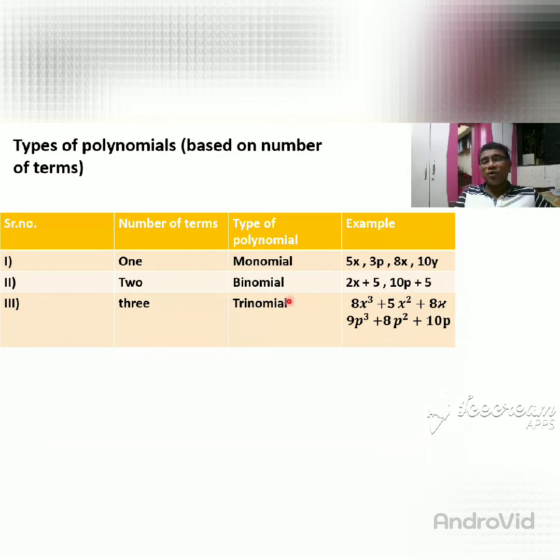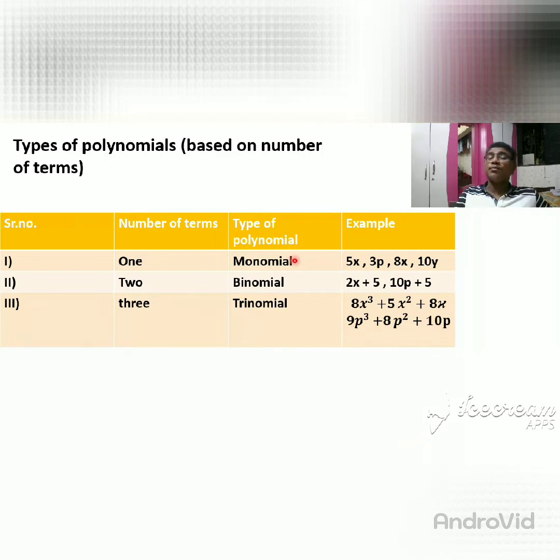Why is it called a binomial? Because in this expression they have two terms. If they have one term, then it is called a monomial. So monomials are 5x, 3p, 8x, 10y, because they have only one term.